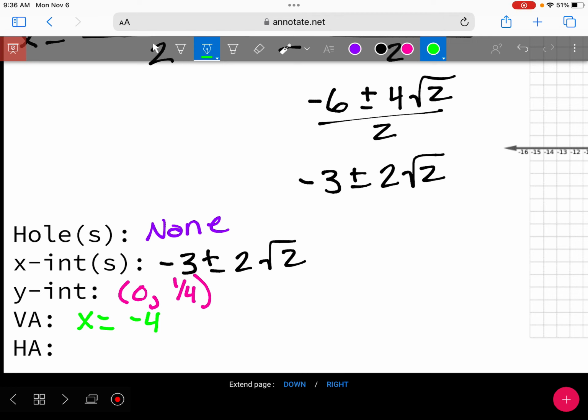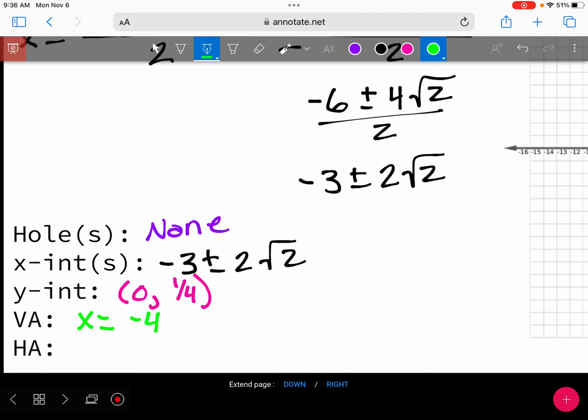So a horizontal asymptote would be undefined. That doesn't fly for us, so we need to do slant, which means I need to actually do the division, synthetic or long division, to divide this out. I need to know what my quotient is.